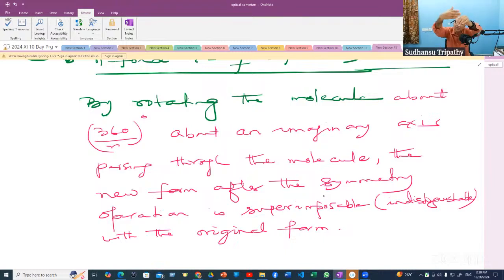And since it is planar, another plane of symmetry is passing through the molecular plane. If certain molecule is planar, whether it is H2O or bent-shaped, any SO2, SO3, any planar molecule, the molecular plane is a mirror plane.